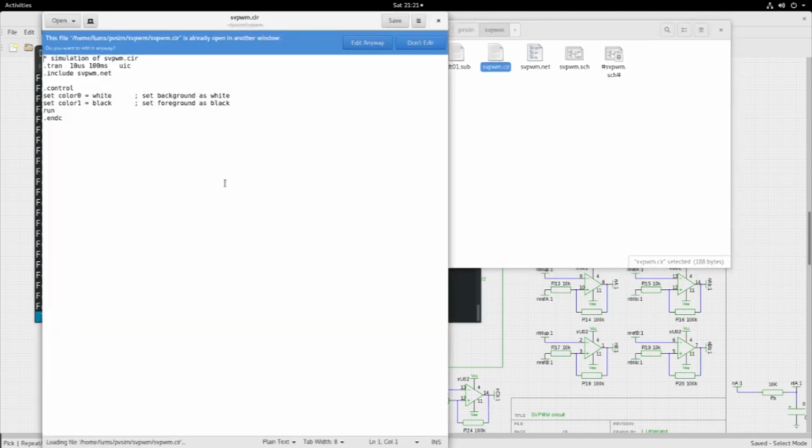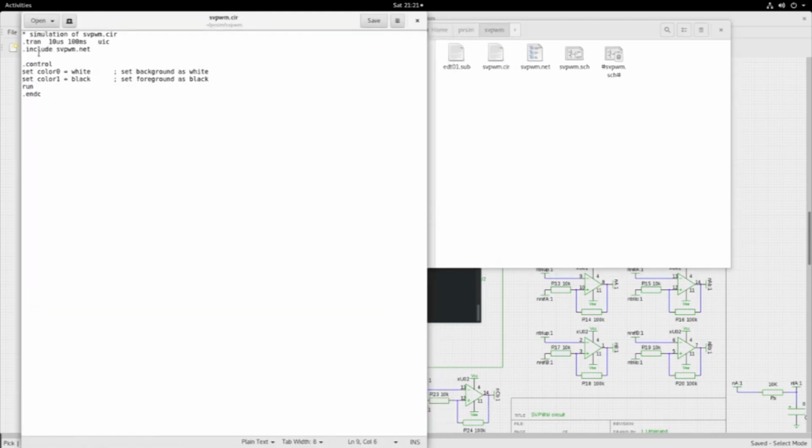The svpwm.cir file is important. So I'm doing a transient analysis. It is including the svpwm.net file, which just got generated, and then I am, as usual, having some control statements. I'm setting the background color to white and the foreground color to black, and then initiating the run action once I go into the environment.